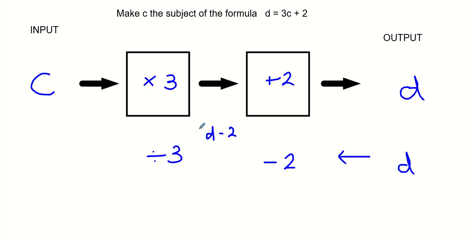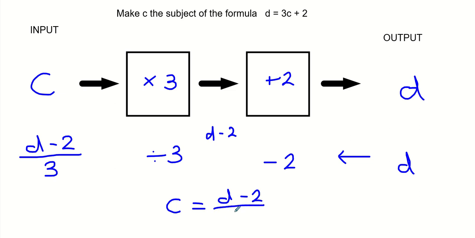And so this entire d minus 2 is going to be divided by 3. And so these are both equal to each other. And so c being the subject, which just means the letter on its own, c is going to be equal to d minus 2 divided by 3. So c is now the subject of this formula.